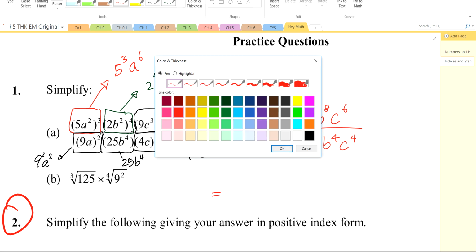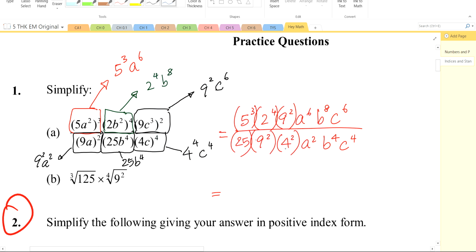Okay, what can be cancelled first? Okay. 25 and 5 cubed can cancel or not? So what is left in the numerator or denominator? Numerator left with 5. Because 25 square is 5 square. So there are 3 5s multiplied together in the top, 2 5s in the bottom. Cancel, cancel, left only 1 lah. Okay, now 9 square and 9 square obviously cancel.